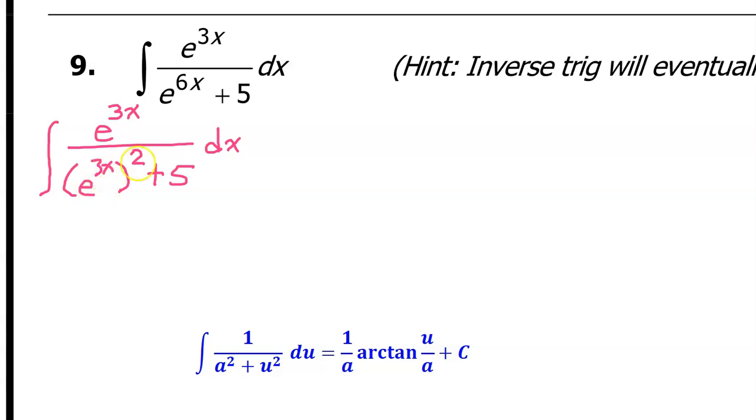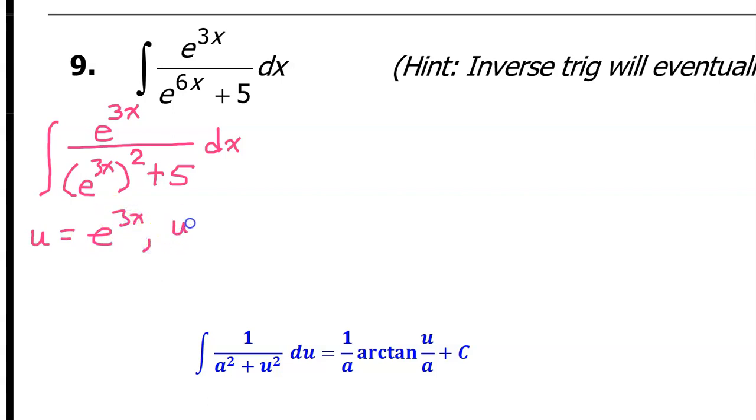If you raise a power to a power, you multiply. So if I wanted to get rid of the parentheses, I would multiply 2 times 3x, which would give me 6x. So these are the same. Now I have something squared. This tells me that my u is e to the 3x.